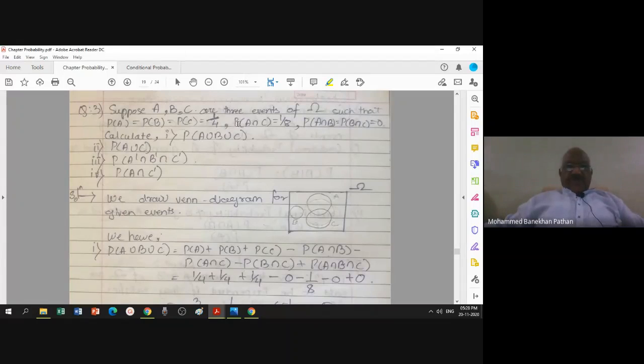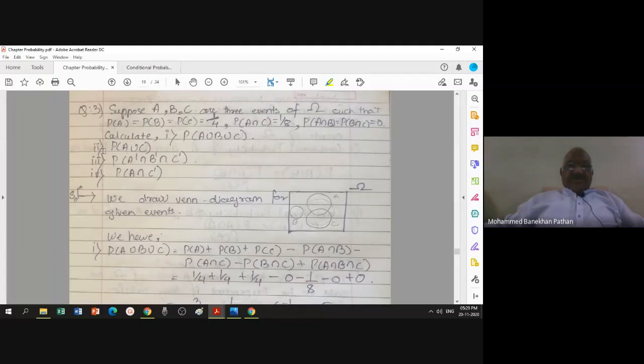P of A intersection C is 1 by 8. P of A intersection B equals P of B intersection C equals 0. By using this information, we want to calculate probability of A union B union C.